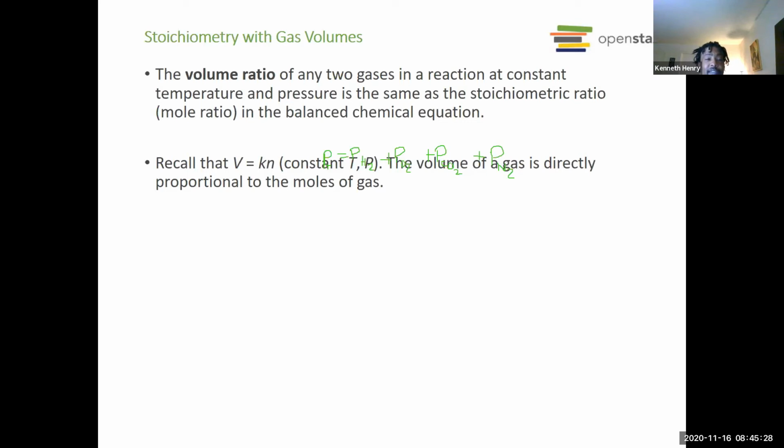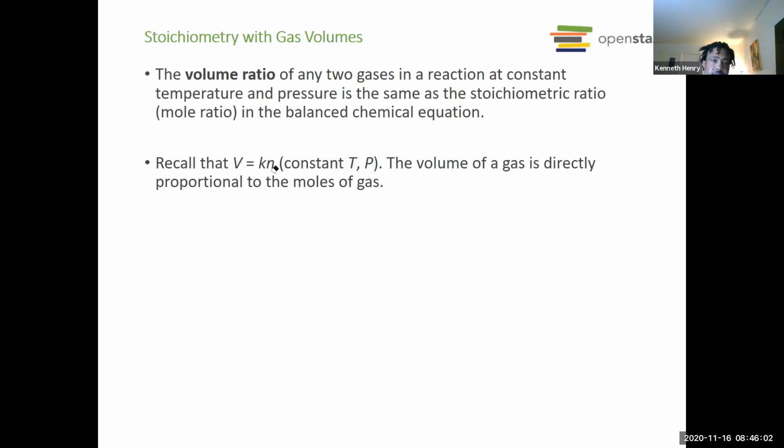Because we can say that under constant temperature and constant pressure, the pressure and the temperature aren't changing, we can make a couple of assumptions. Under constant temperature and constant pressure, due to Avogadro's law, V equals Kn, where K is the constant, V is the volume, and n is the number of moles.